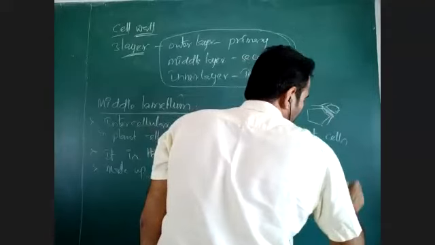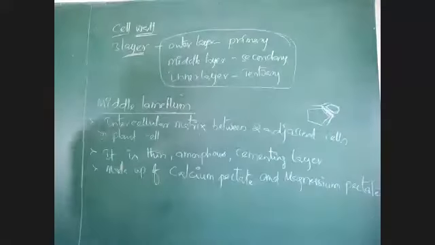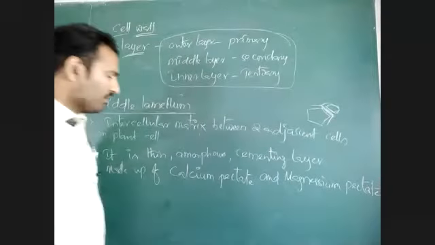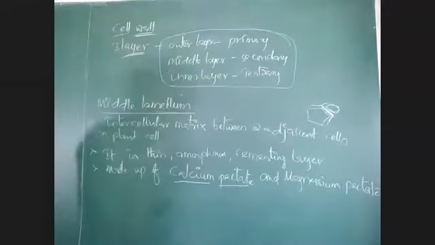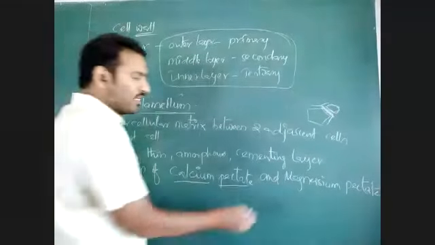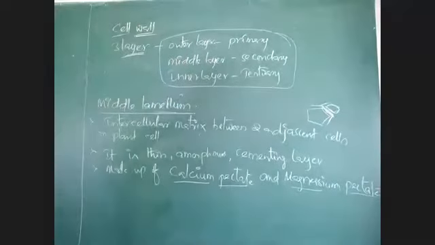Pectin is present in the cell wall of plant cells. That pectin in combination with calcium may form calcium pectate, or magnesium may combine with that pectin and form magnesium pectate.